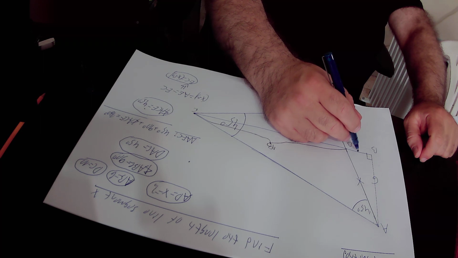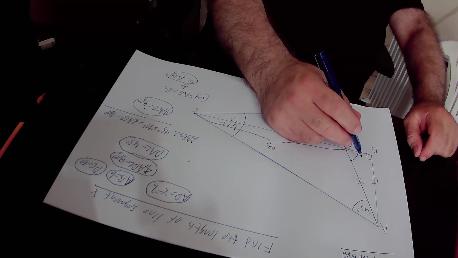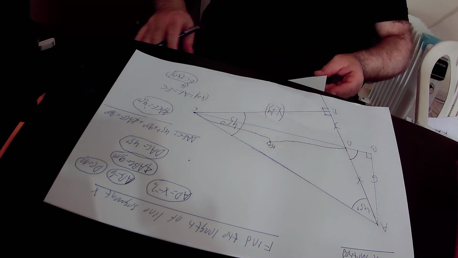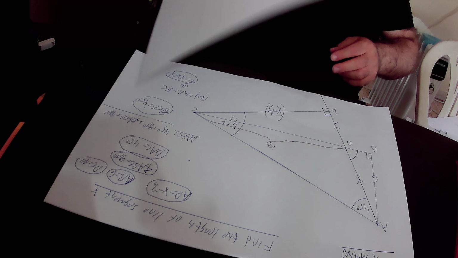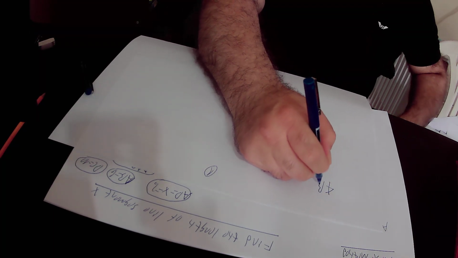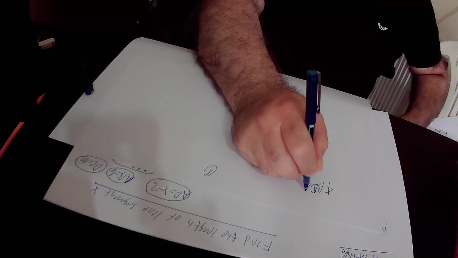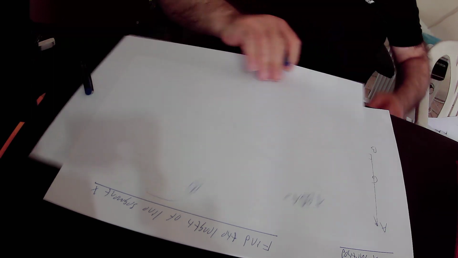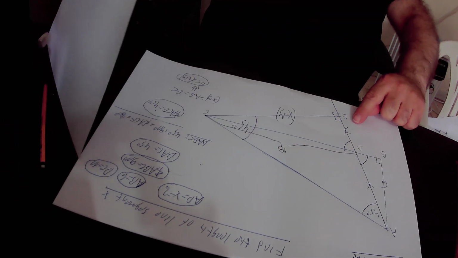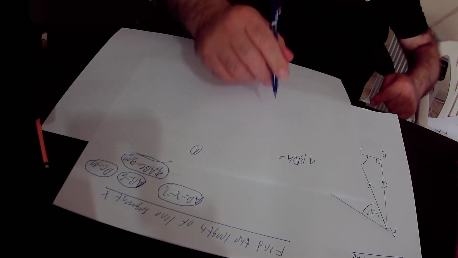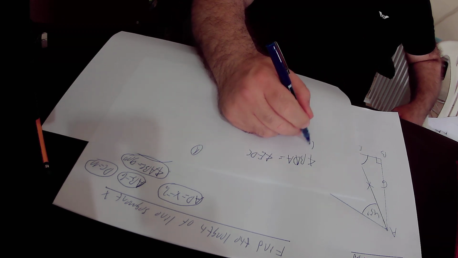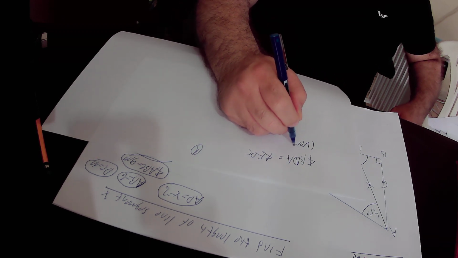So I write it down that this angle, angle BDA, is equal to this angle, which is actually angle EDC. Angle EDC, according to the rule that vertex angles are equal to each other.